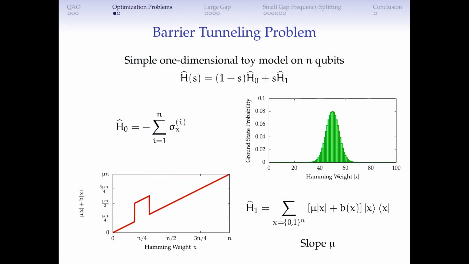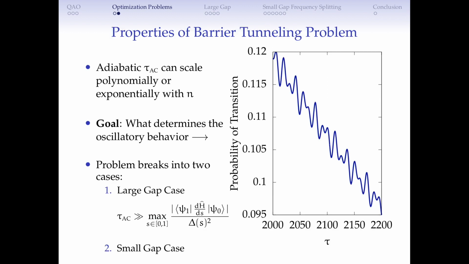So essentially a binomial centered at n over 2, and then our final Hamiltonian is diagonal in the computational basis and depends on some function of the Hamming weight. And so the final ground state that we're looking for is the all-zero state, and to get there, this binomial distribution is going to have to tunnel through some barrier. Again, this is just an example I'll be using for numerical purposes. Our results are more general than this.